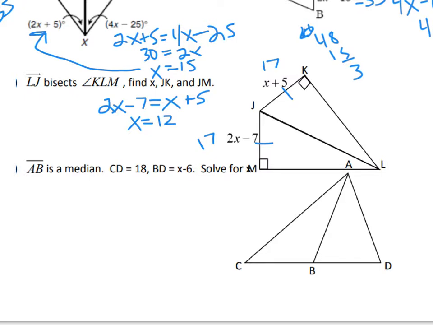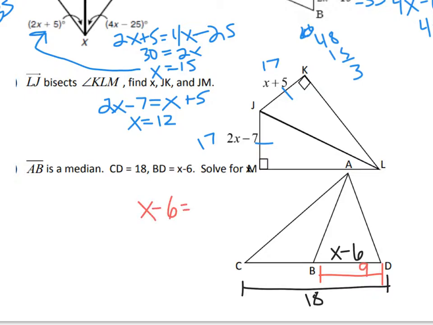Last one, they give me that AB is a median, so CD is 18, and BD is x minus 6, and it wants me to solve for x. So there's two ways you could do it. The easiest way is to see that if the entire length is 18, that means that this little guy is 9, so x minus 6 equals 9, and x equals 15.